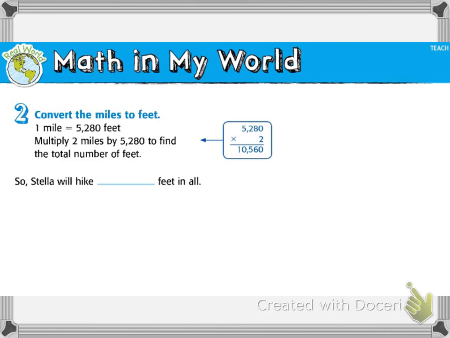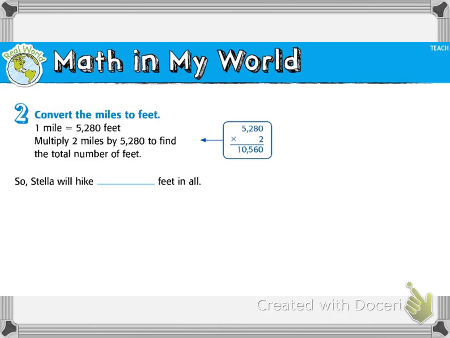Okay, now we need to convert the miles to feet. Remember, 1 mile equals 5,280 feet. So we're going to multiply 2 miles times 5,280 to find the total number of feet.